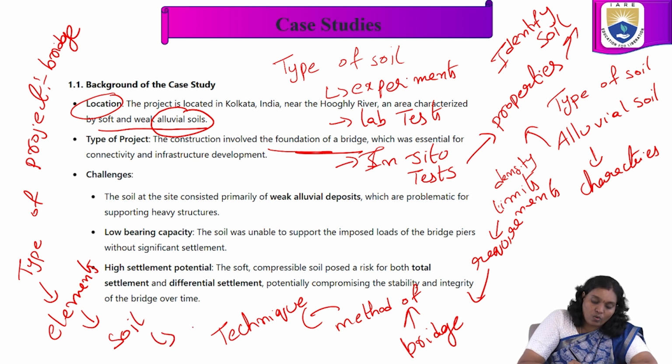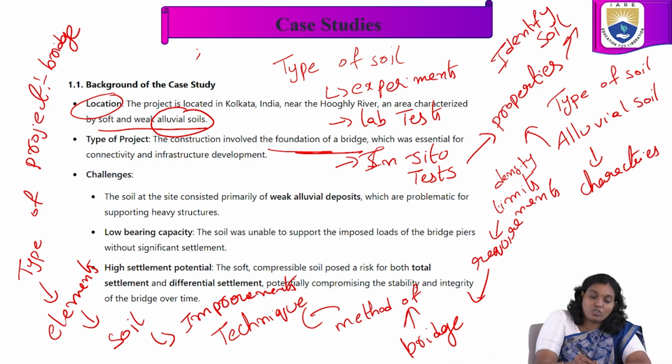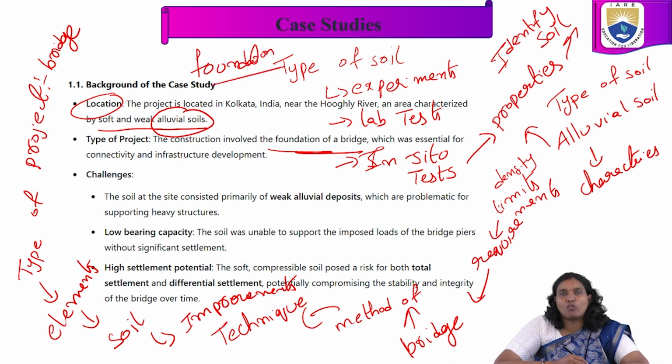How are we going to improve these soil properties to get the design requirements of that particular project? Here we concentrate on the foundation. The foundation is the underground structure, so different kinds of soil layers may be involved.